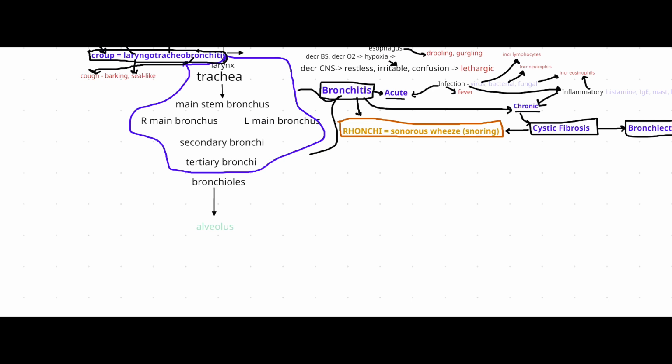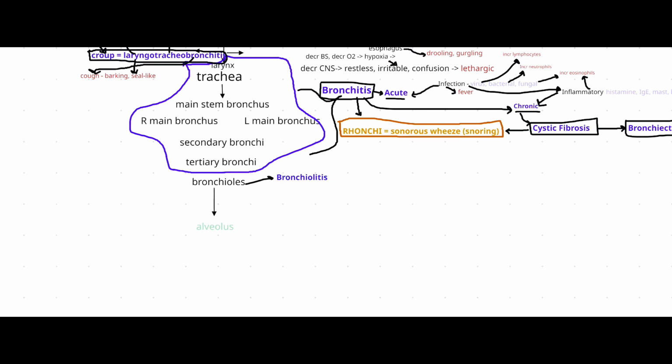Let me go back here first. If there is inflammation of the bronchioles, what is the diagnosis? What is it called? Bronchiolitis, right? Because it's inflammation of the bronchioles.